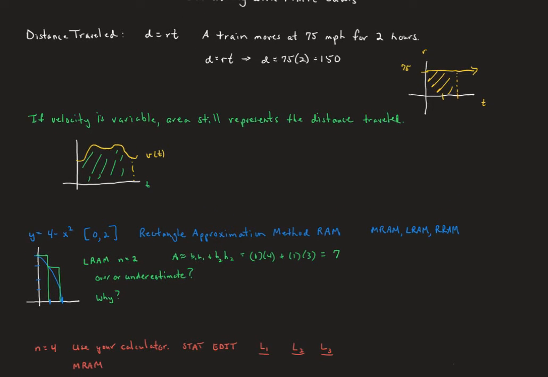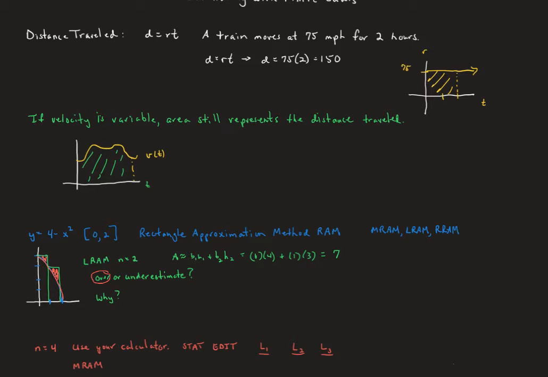Now, the next question is whether it's an over or an underestimate. You can see visually that we're counting this area that I'm shading in red as part of the area under the curve, but that's not really under the curve. So clearly it's going to be an overestimate. The justification, when approximating the area using rectangles, is that the function is decreasing.